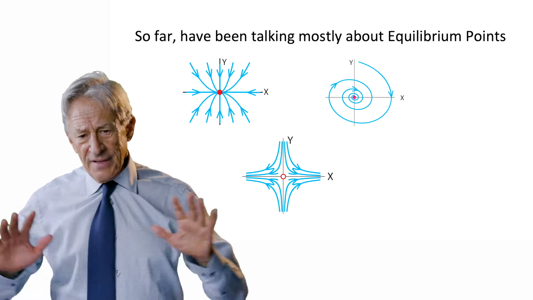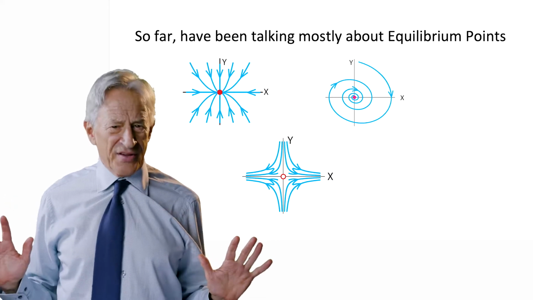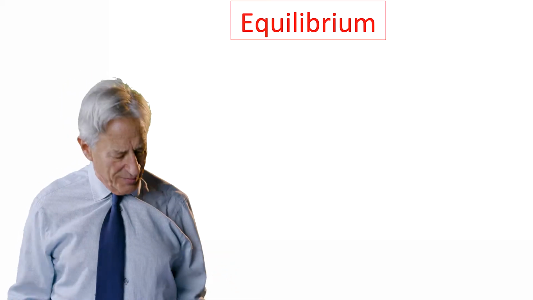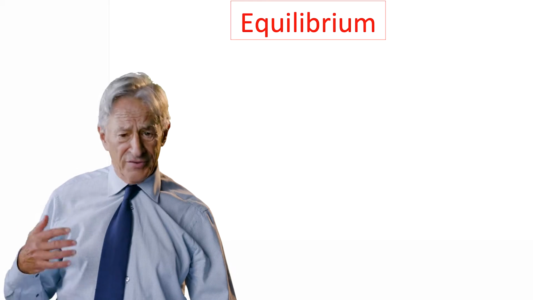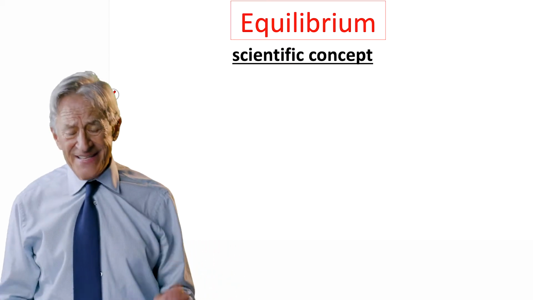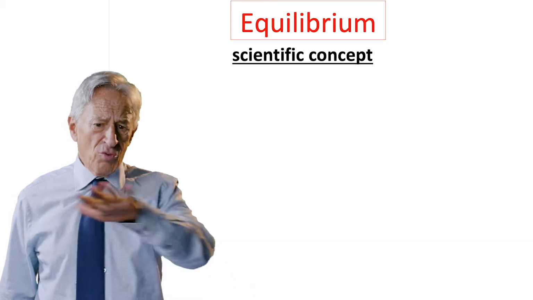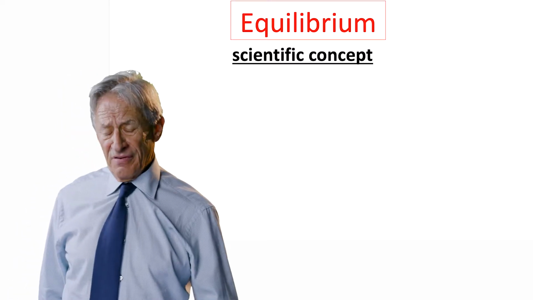And I want to take a step back for a second. And I want to ask not about the mathematical concept of equilibrium point in a vector field or a differential equation. I want to talk about the scientific concept of equilibrium and what role it plays in various sciences.